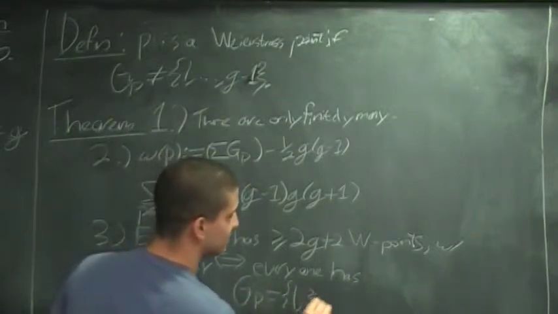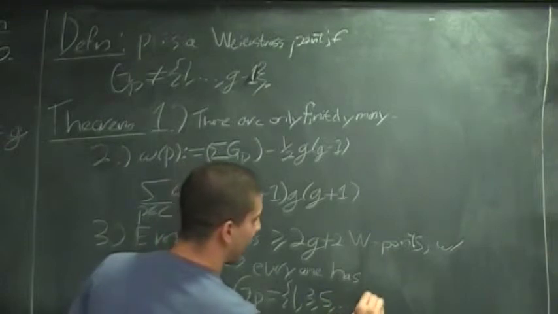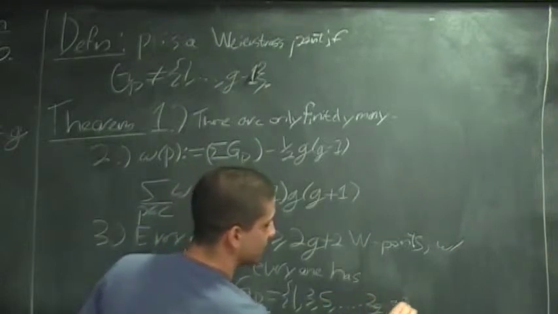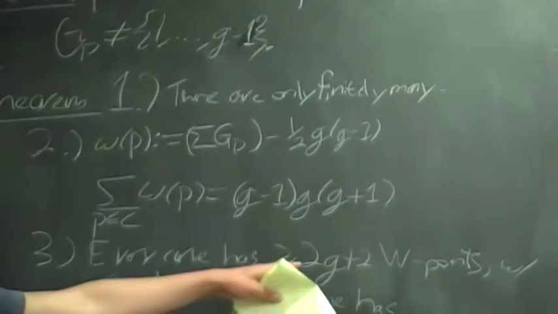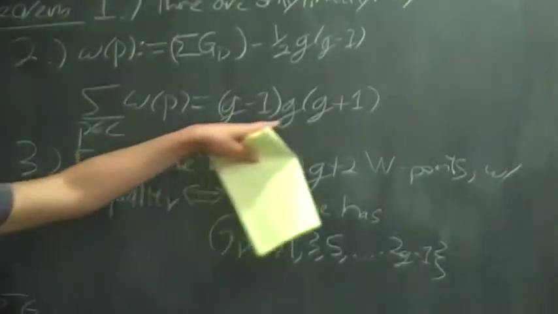So the gap sequence consisting of all odd integers in that range. So what we're saying here is just that 2g plus 2 times g squared is exactly this value.